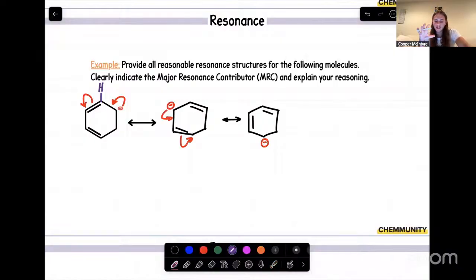The negative charge will be on carbon only, and because it's on the standard carbons, there's no major resonance contributor, so no MRC. That'll happen sometimes. If you have the negative charge going on the same atoms, it sometimes aligns so that all of them are equal in energy, which means there's no major resonance contributor.